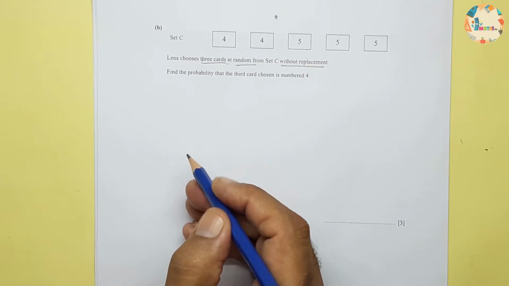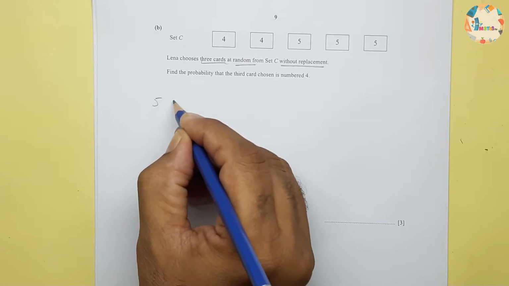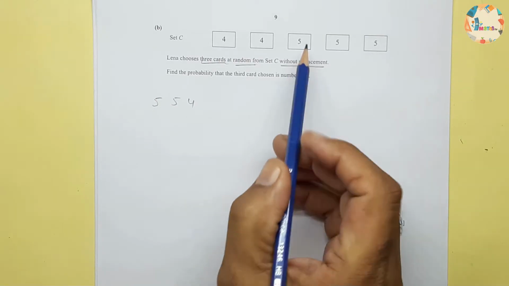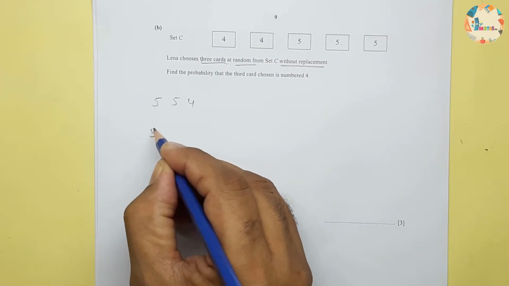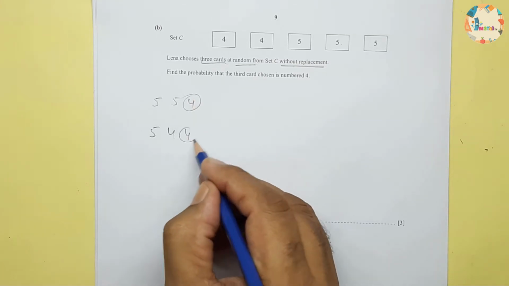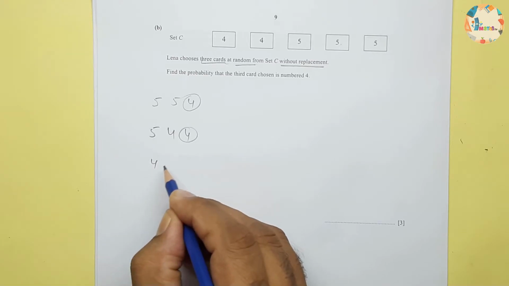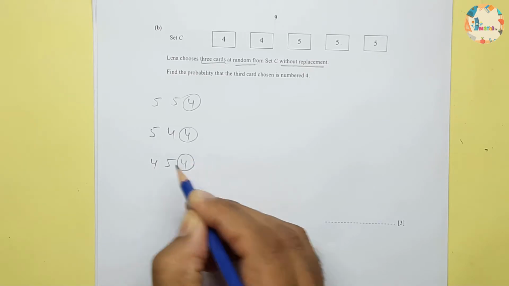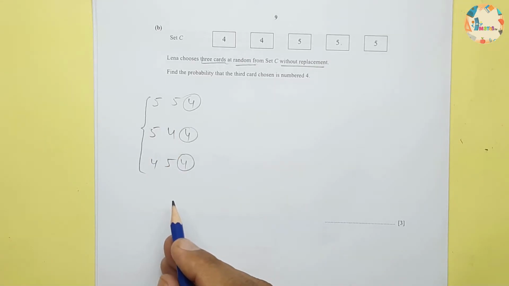So there can be three options, for example it can be 5 5 and 4, or another option 5 4 and 4, where the third card is 4, and there can be another option like 4 5 and 4. So these three options are possible. So we have written all three options.